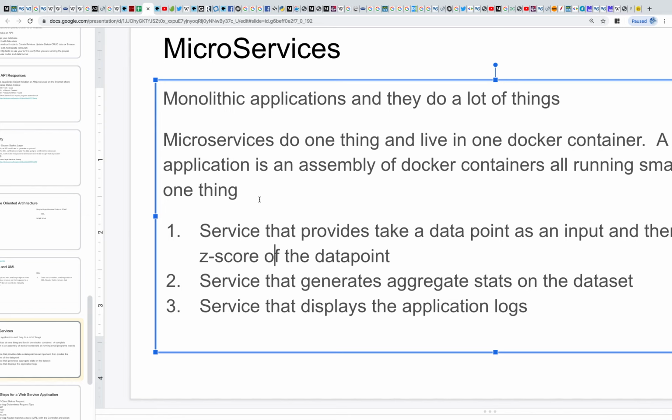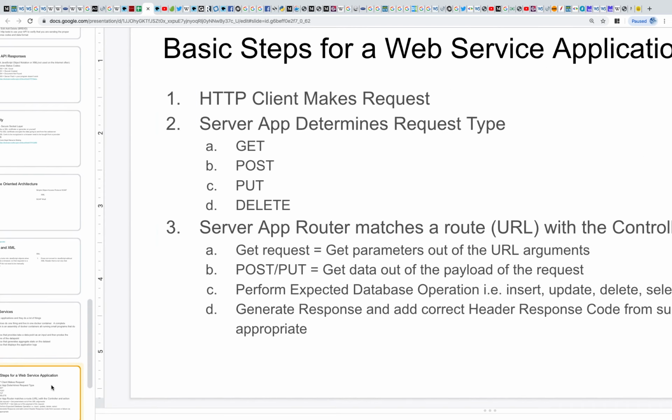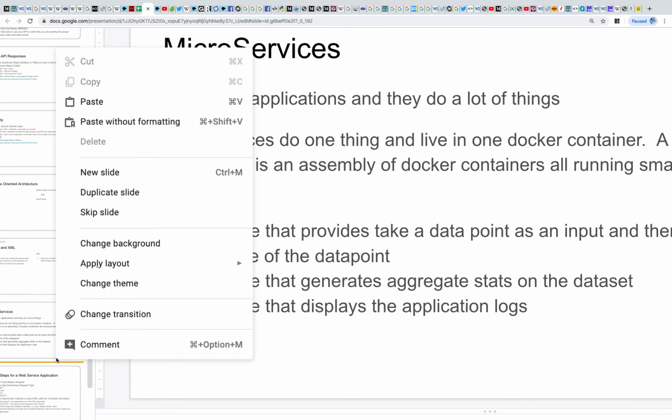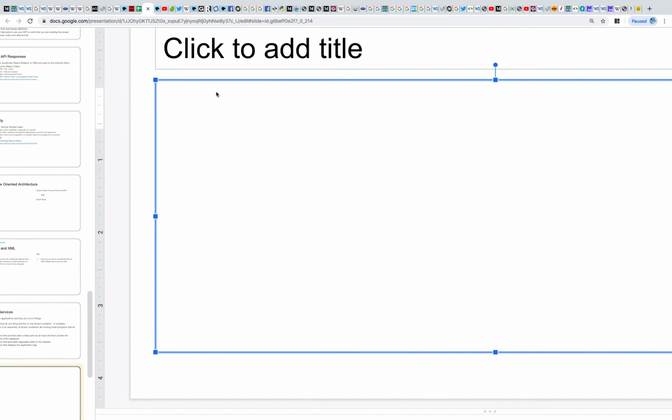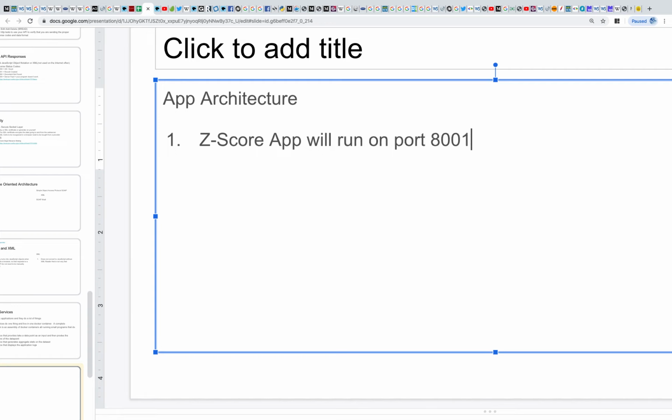And the way these get put together, you'll see in the app architecture, is that the z-score app will run on port 8001.